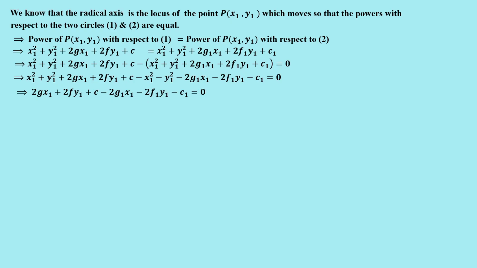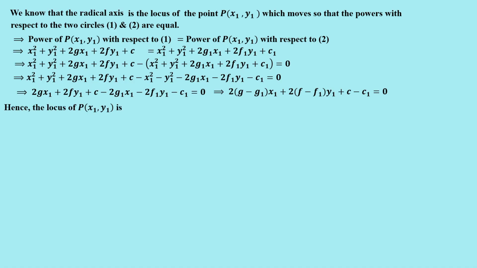So x1 square minus x1 square and y1 square minus y1 square get cancelled. The remaining terms are 2gx1 plus 2fy1 plus c minus 2g1x1 minus 2f1y1 minus c1 equal to 0. Grouping the x1 terms, 2(g minus g1)x1, and the y1 terms, plus 2(f minus f1)y1, plus the constant term c minus c1 equal to 0.